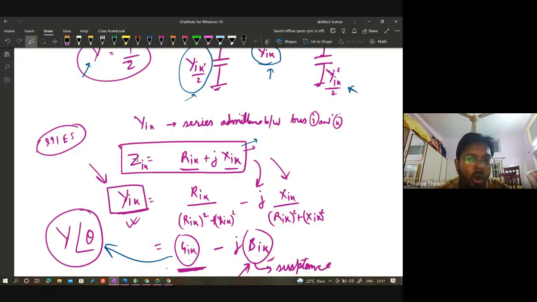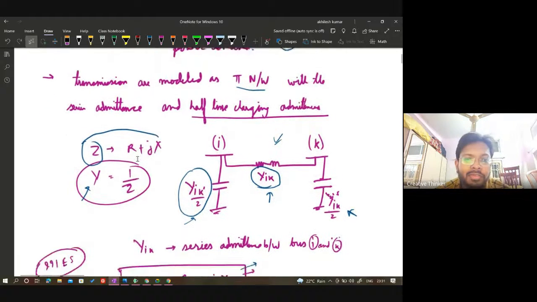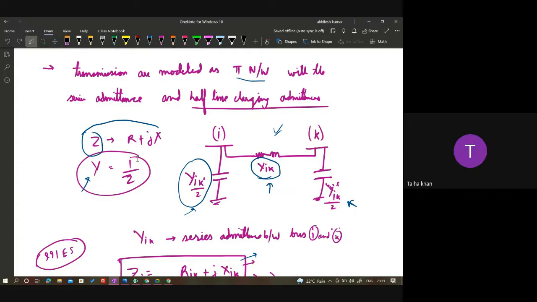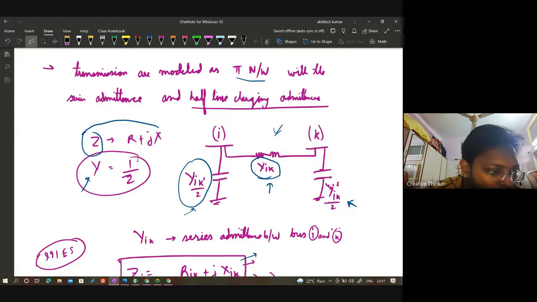On any bus, if the net power, net P or Q, is positive, it means generation is more, so we call it an exporting bus: its injection is more than the demand. But when net P and Q are negative on any bus, it is called an importing bus.